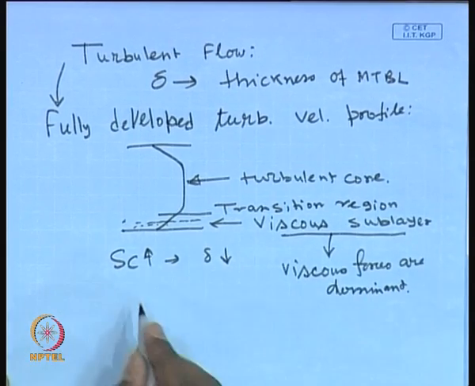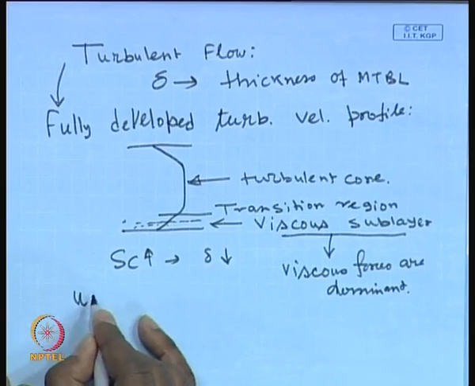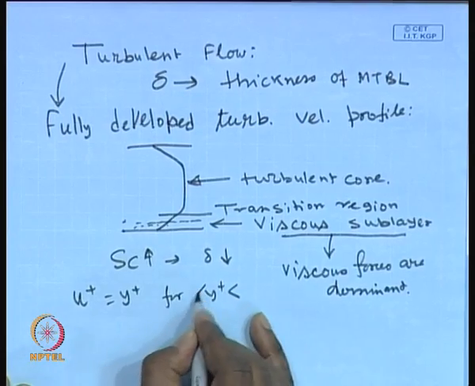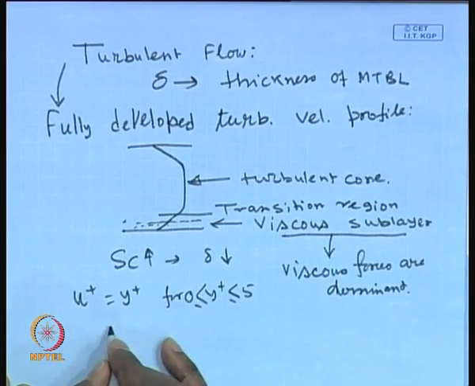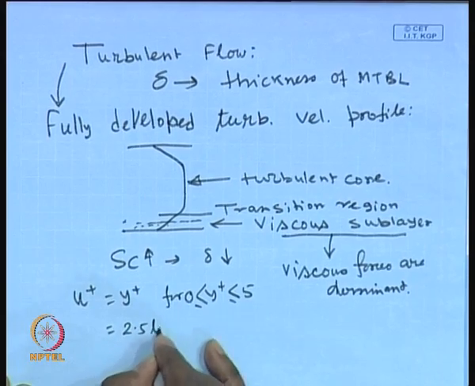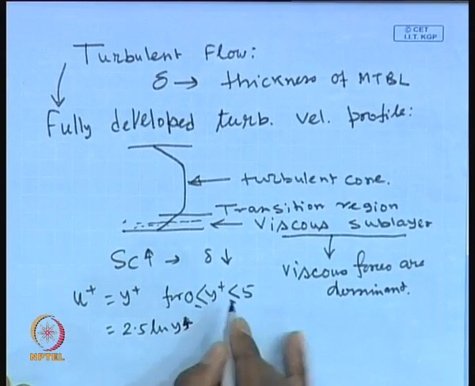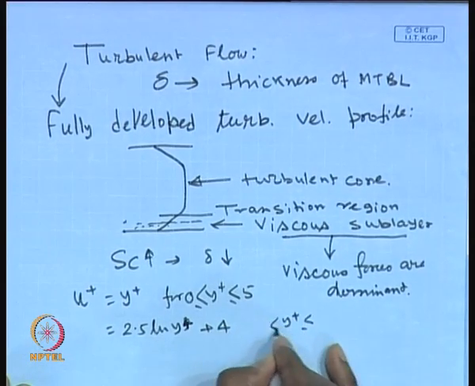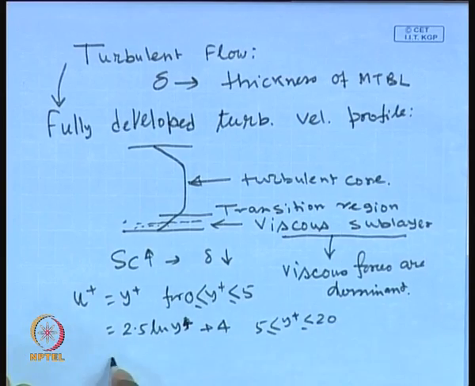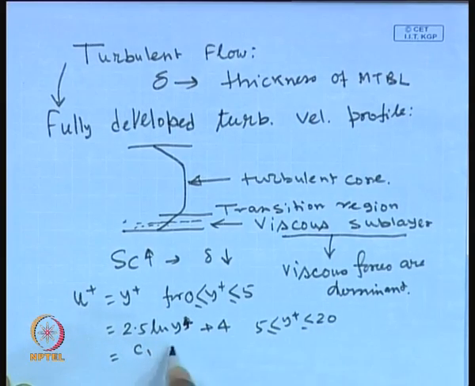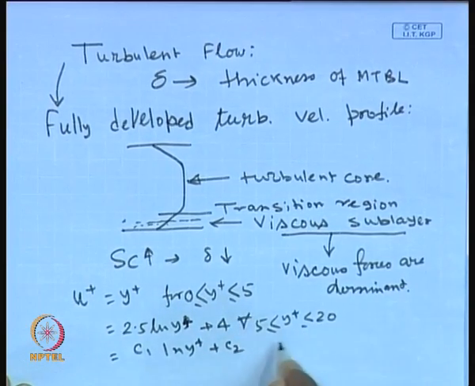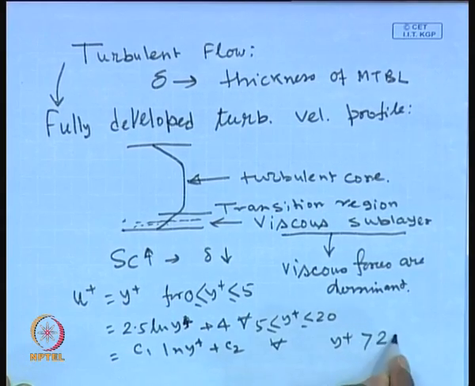If you remember, the velocity profile looks like u plus is equal to y plus for y plus lying between 0 and 5, then 2.5 ln y plus 4 for y plus lying between 5 and 20, and another profile, C1 ln y plus C2, for y plus greater than 30.